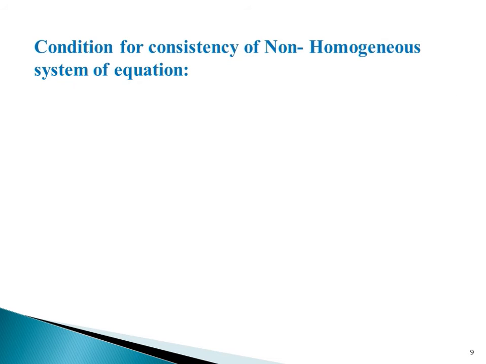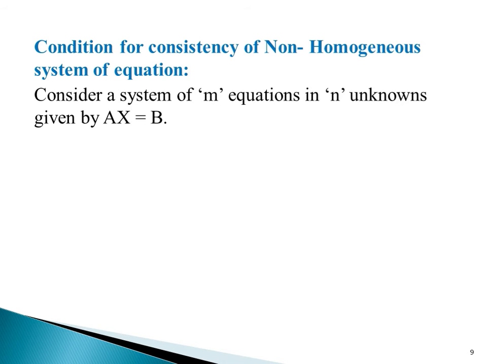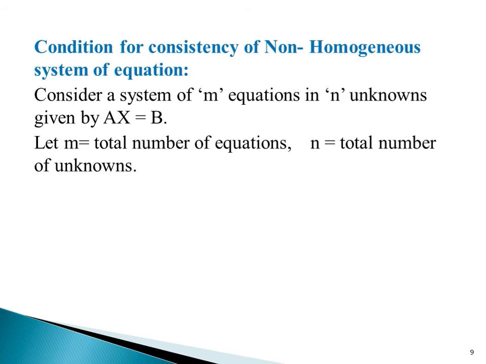Now we see the condition for consistency of non-homogeneous system of equations. Okay, this is most important. So for this we consider a system of m equations in n unknowns, which is given by Ax is equal to B, right? Now here m is equal to total number of equations and n is total number of unknowns.